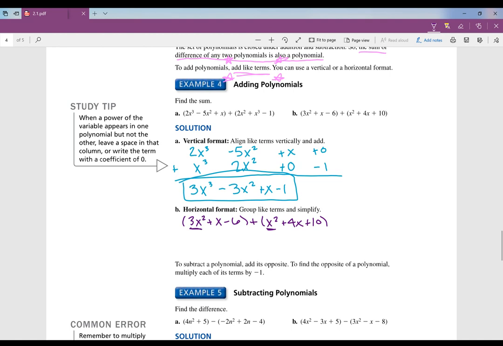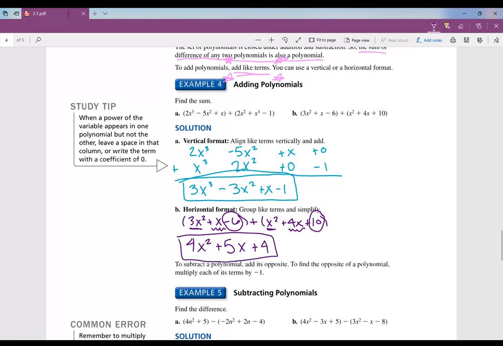So 3x squared plus x squared is going to be 4x squared. Now let's look for our x terms. We have an x and a 4x, and those are all our terms with x's. So x plus 4x is going to be 5x. And then we need our constants. We have -6 and 10. So -6 plus 10 is going to be 4. And that would be your answer.